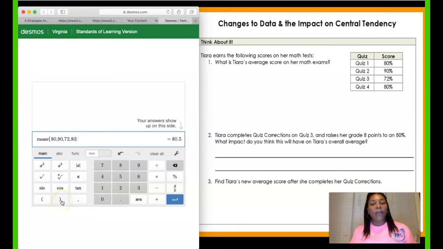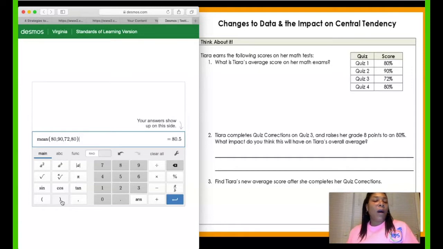I don't have to close it, but I like to get comfortable with closing the set each and every time, regardless of what type of mathematical problem I am doing. For this data set, we should have had a mean of 80.5, and that will be a percent because we're talking about the average of her scores in percent form. So 80.5%. Great.